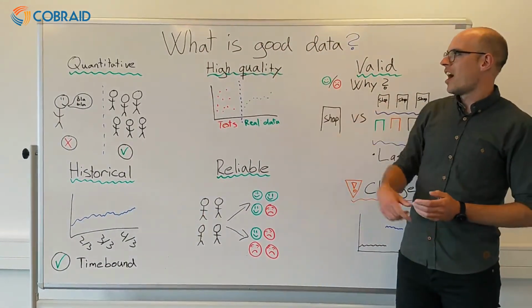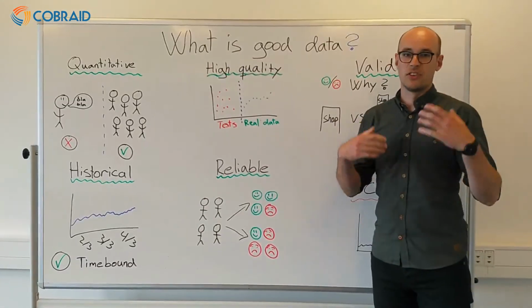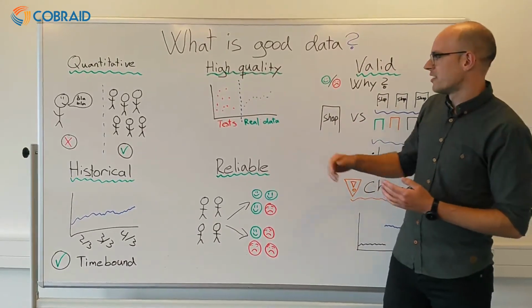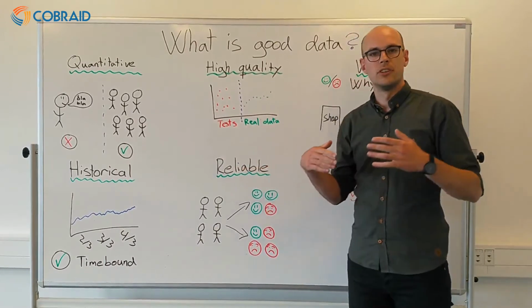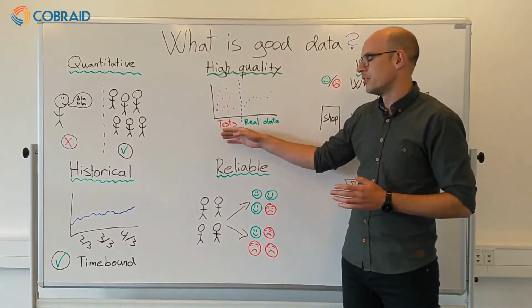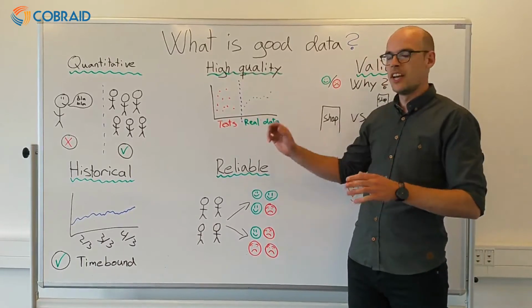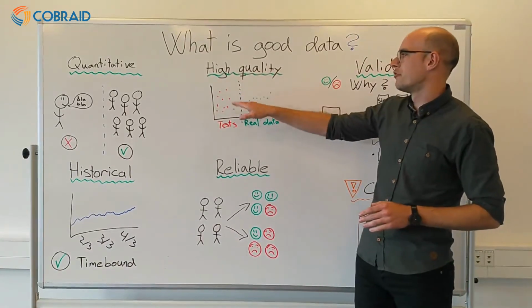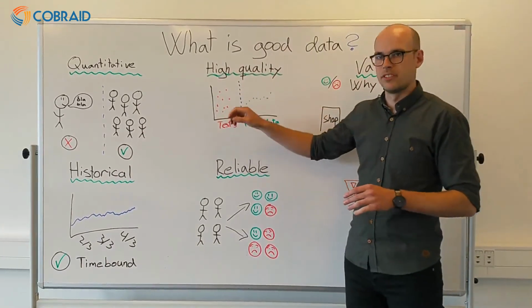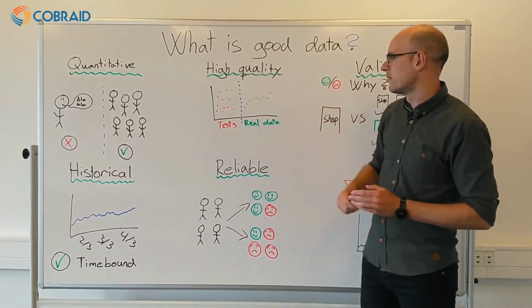The data also needs to be high quality. And it sounds really obvious, but what we mean by that is that, for instance, let's say that you have a new system that you just set up. You've tested a lot of stuff in that system, and that created a lot of different data timestamps and a lot of things in the system.